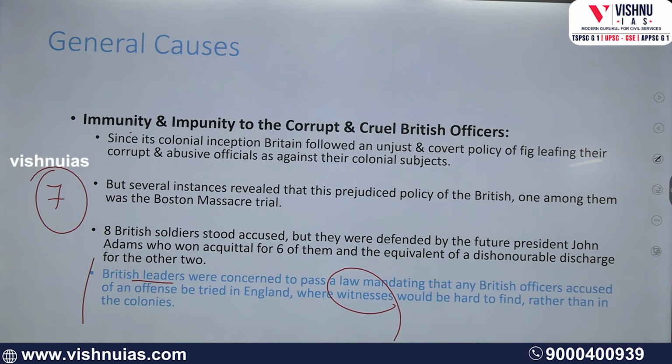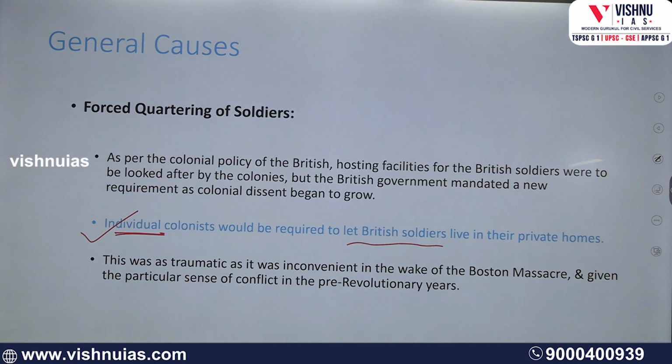Last general cause, forced quartering of soldiers. Quarter, you all understand now guys? Quartering means soldiers would be made to live, even if you don't like, they can stay in your residences. So forced quartering of soldiers.